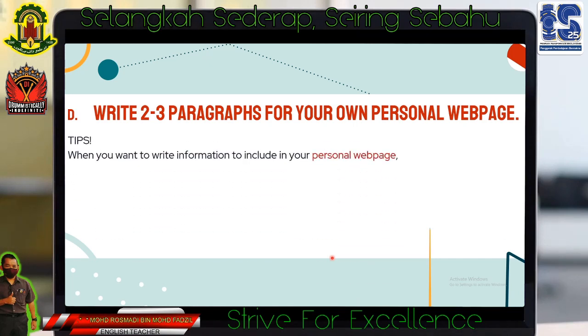Here. Okay, the tips, dia kata apa here? When you want to write information to include in your personal web page, group. First tip, group the information in categories so that it's easier to understand.